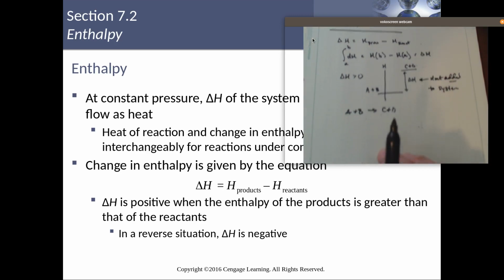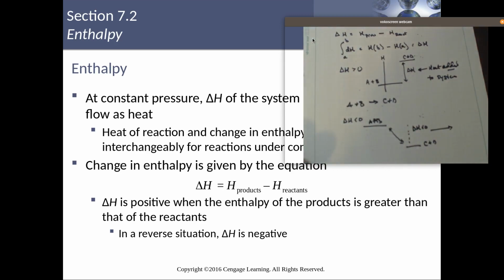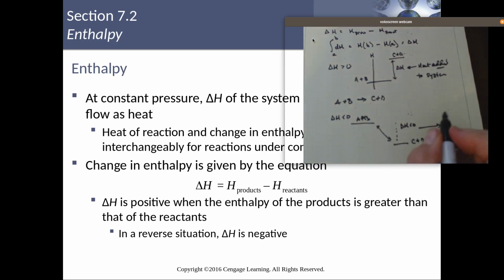If I have an exothermic reaction, delta H is less than 0, I could have something that might go A plus B to C plus D, requiring some sort of downward delta H. Heat would be liberated from the system, and this would be an exothermic reaction.